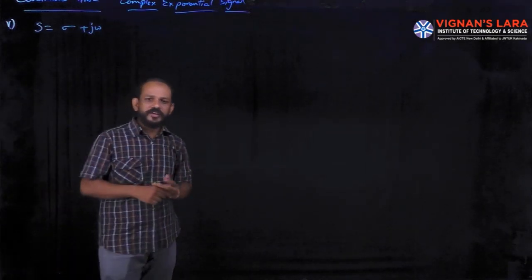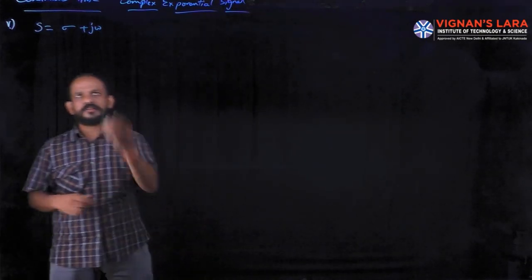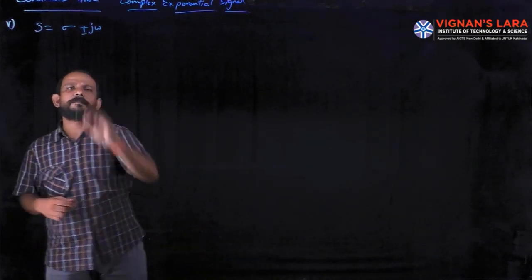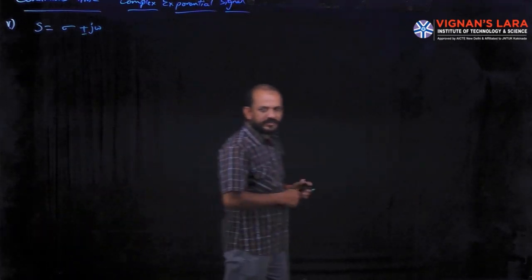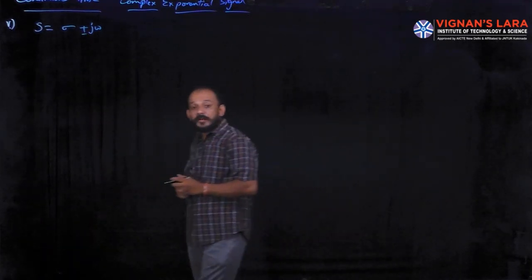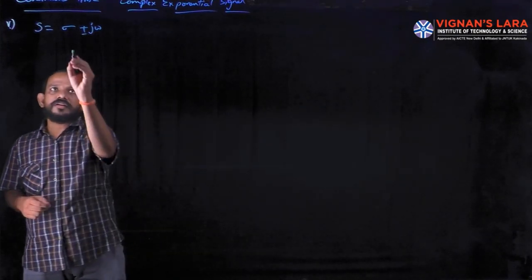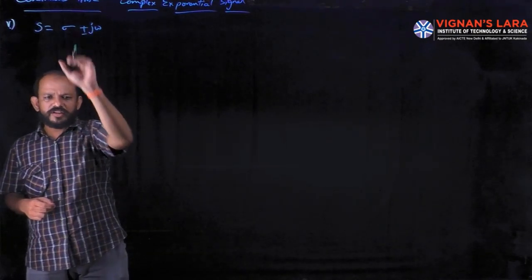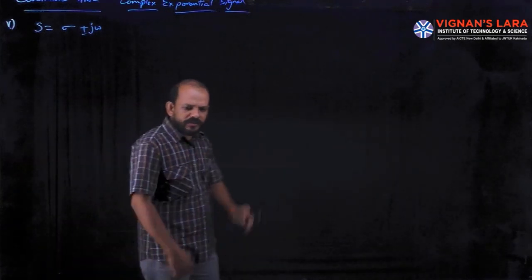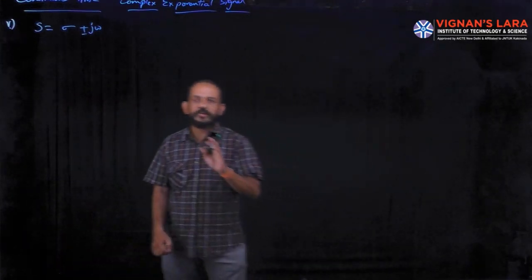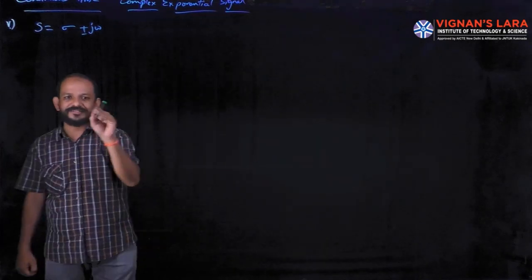Here both sigma and j omega are present, so I am considering sigma plus or minus j omega. The fifth case is s equal to sigma plus or minus j omega.